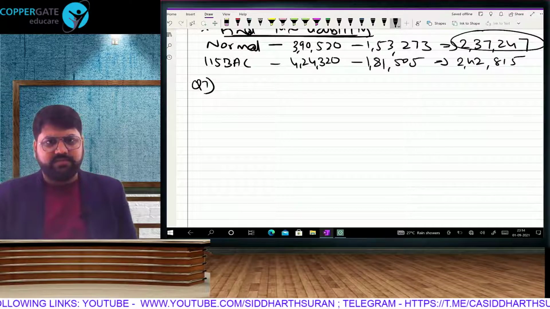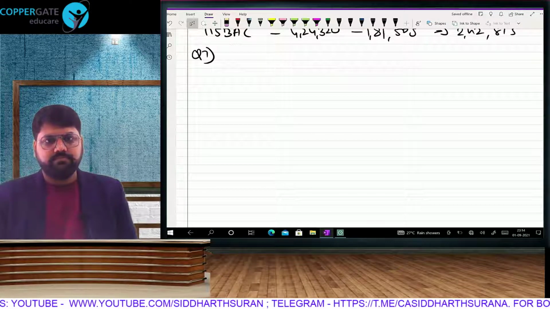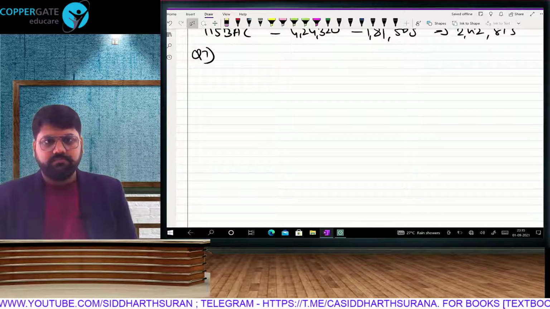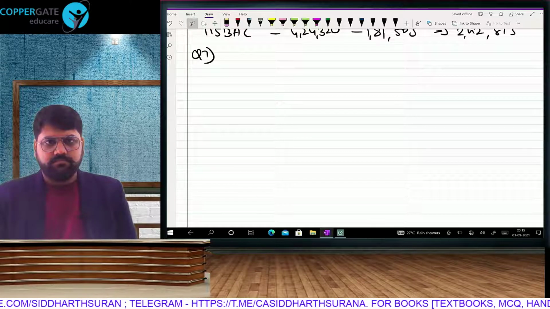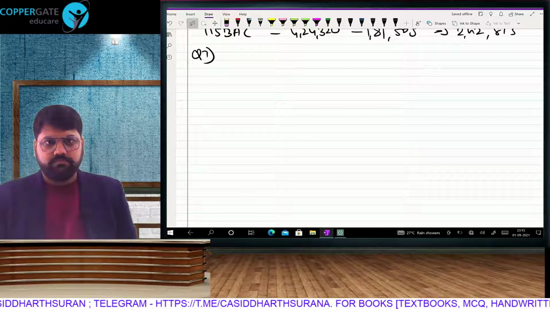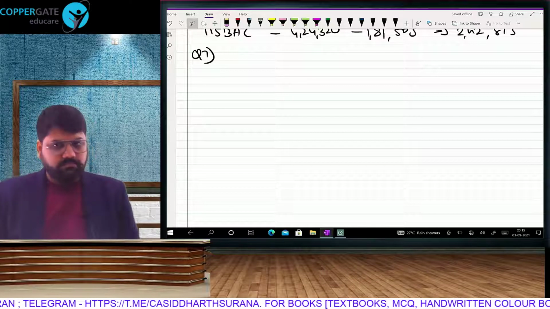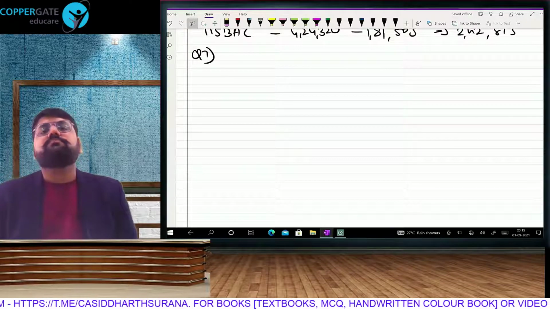Question number 7, please. Please read. A resident assessee earns a foreign income of 78,800, out of which 50% is eligible for a deduction under Chapter 6A of the Income Tax Act 1961.